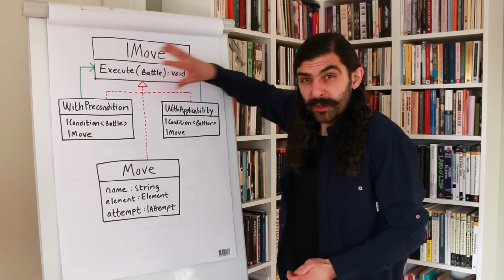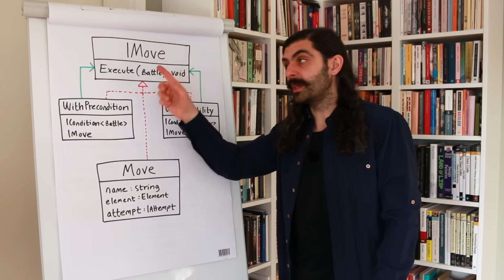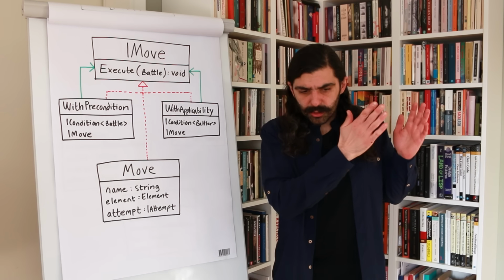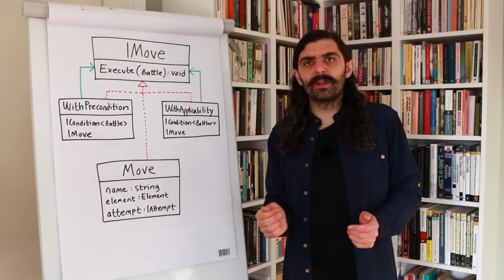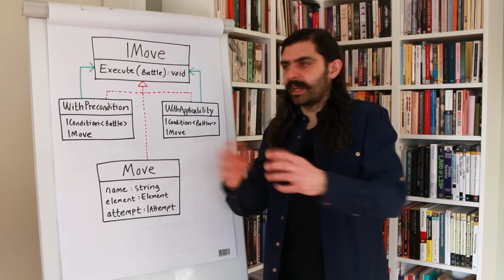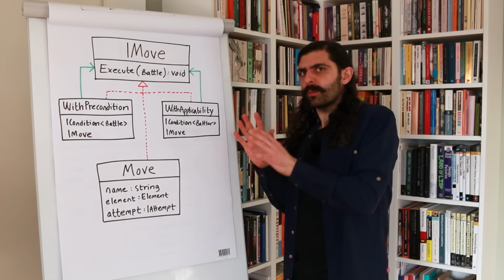Okay, so there's the supertype move. There's the interface move that just specifies that in order to be a move, you must have an execute method. Okay, so what does that mean? Does that mean that we then create a tremendous number of subtypes for each type of move that there is? There's like Thunder Shock and Fury Attack and Triple Kick, and like, do we have one subtype for each move? I mean, we could do that, right? But that's not what we're trying to do here.